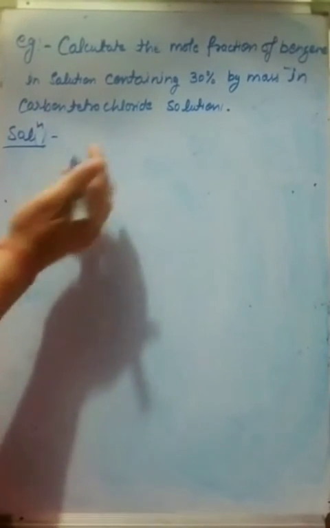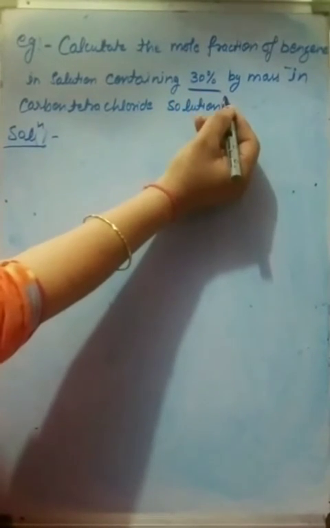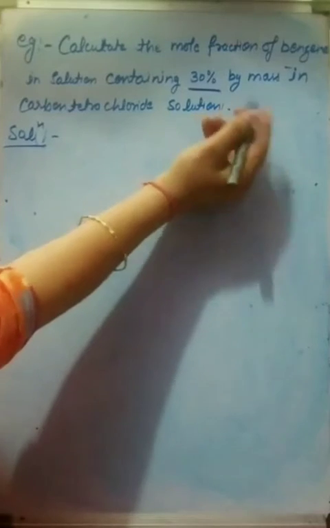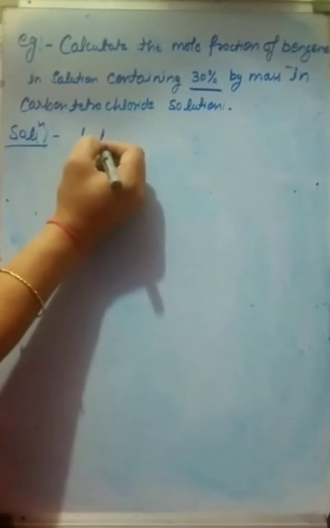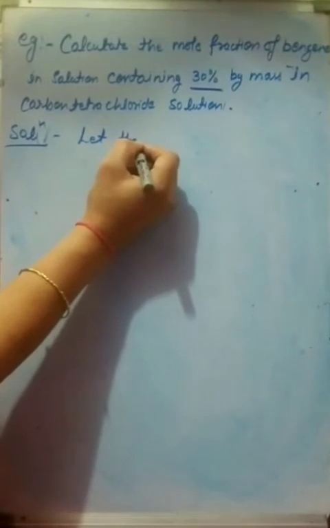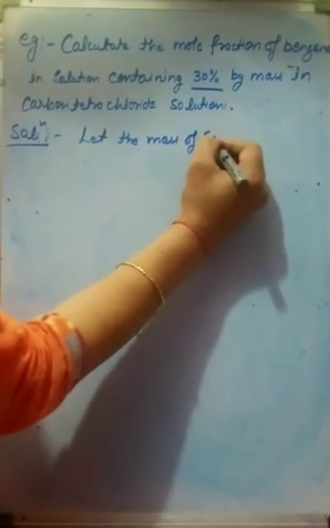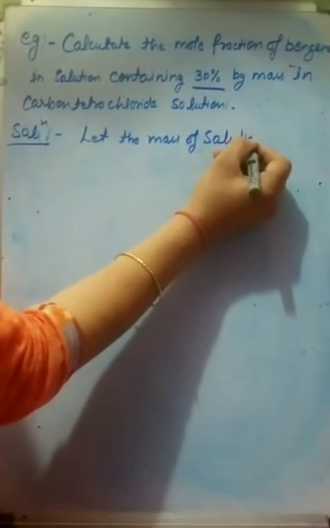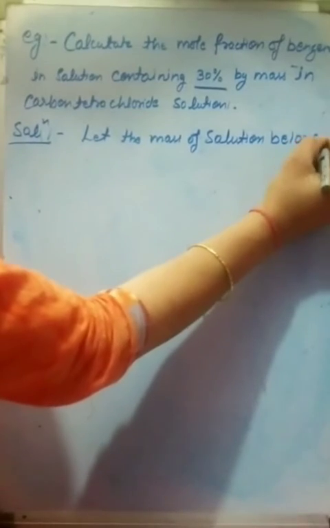So let the mass of the solution be 100, because the mass is given in percentage. If the mass is given in percentage, then we take it as 100 gram. Let the mass of solution be 100 gram.